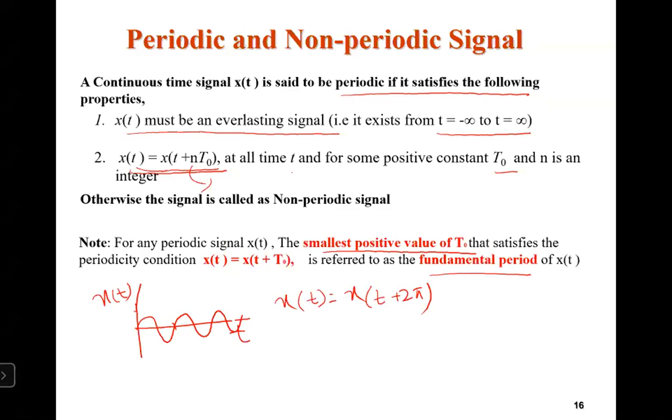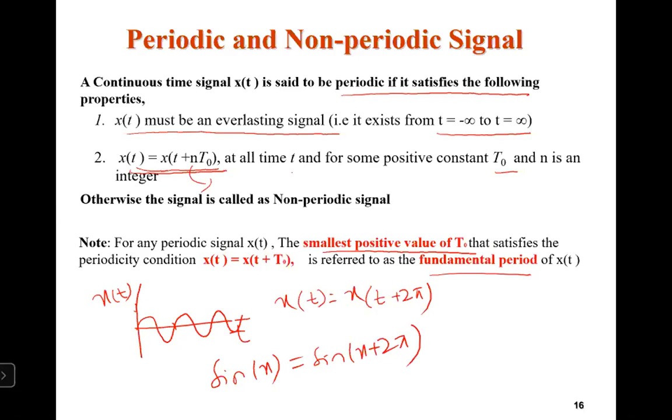Because if it is a sinusoidal wave, sin x is also equal to sin(x plus 2 pi). You can check with any value of x.